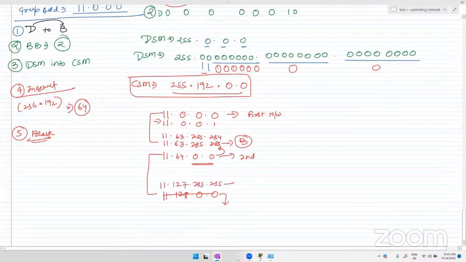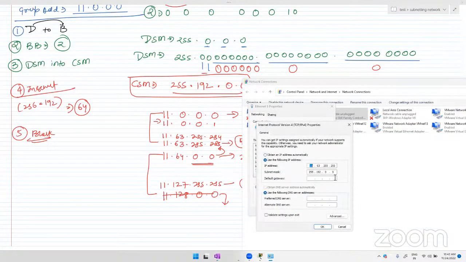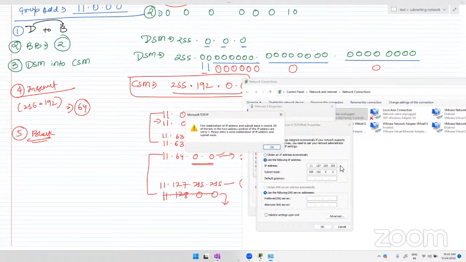11.127.255.255. If you need to check, go to the network adapter and assign this one first, 11.64.0.0, and it is valid. Yes, clear? And if we assign 11.127.255.255, it is not a valid IP because it is the broadcast address.